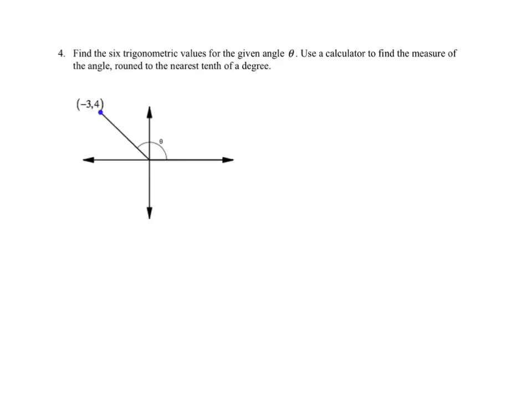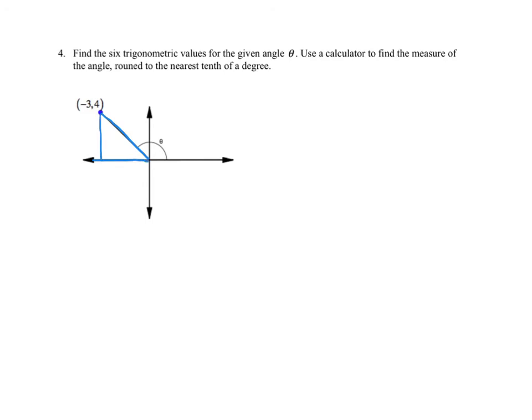In this example, we're going to evaluate the 6 trigonometric functions for the given angle theta with a point on the terminating side. Now remember that we will always use the reference angle. So the angle we are going to be using is the positive angle formed by the terminal side and the x-axis.